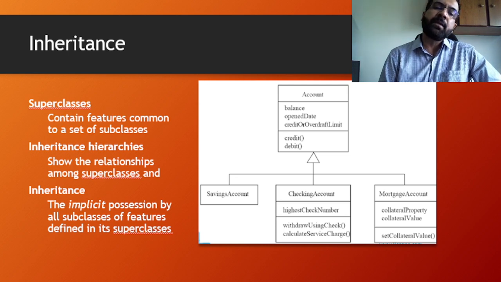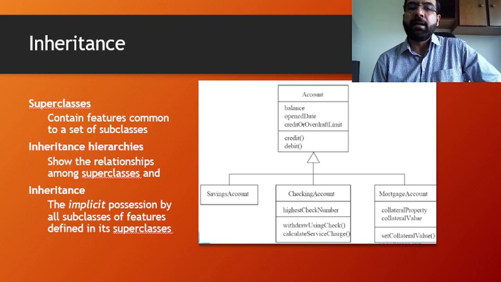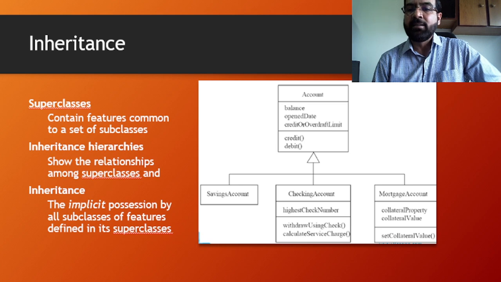That develops not only a hierarchy, but later on we will see that it can also develop a lattice, meaning there are subclasses, child classes, and the child classes have further child classes, and there we have further complex concepts such as multiple inheritance.